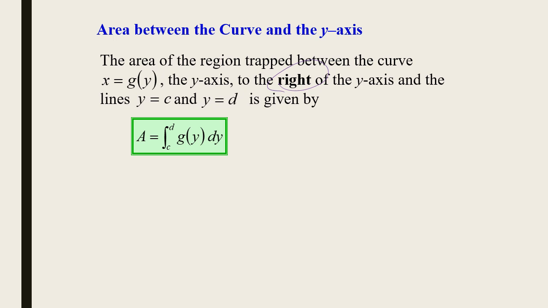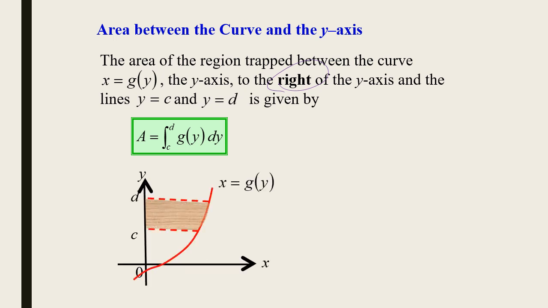We just have to integrate the function g of y with respect to y, because the function is in terms of y. And the limits should go from one value of y to another value of y, so that's why from c to d. So this is the formula with respect to y.